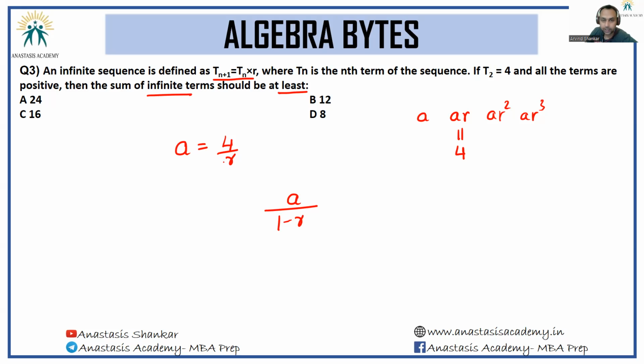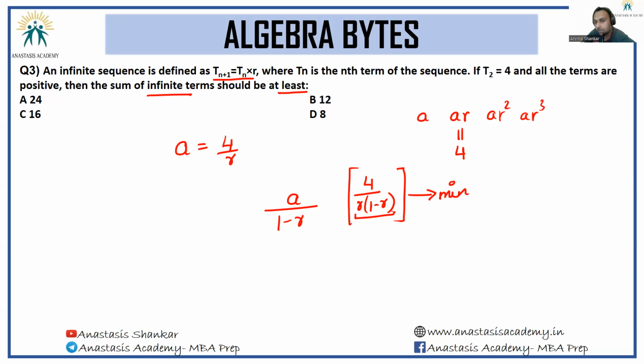Now I know a to be 4 by r. If I want this sum to be minimized, I need this denominator to be maximized because the numerator is fixed.